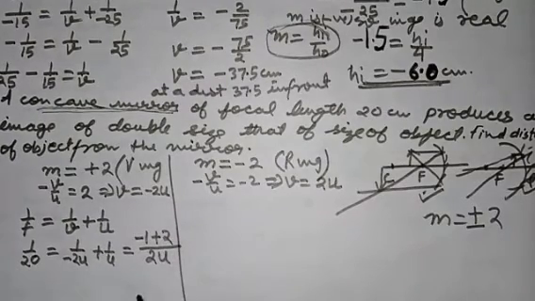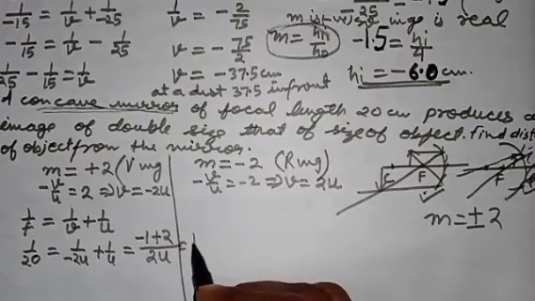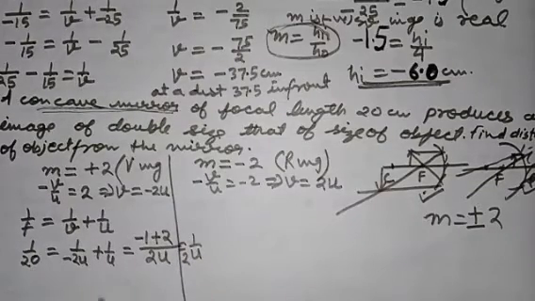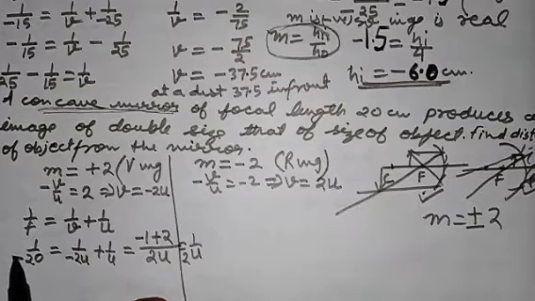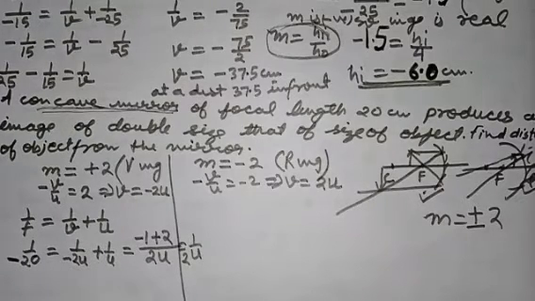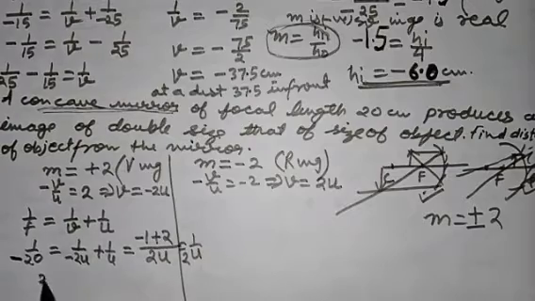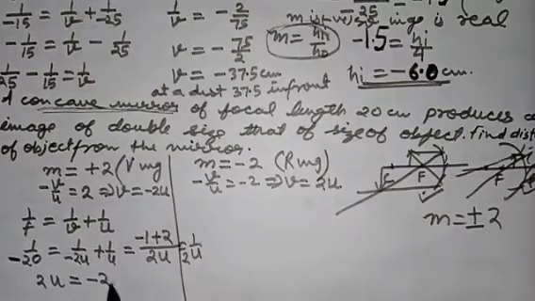So 2, it will be equal to 1 by 2u. So if we reciprocate it, oh, there is a slight error, it is concave mirror. Okay, be very sure about it. So okay, now we reciprocate it, so it will be 2u equal to minus 20, so u equal to minus 10 centimeter.